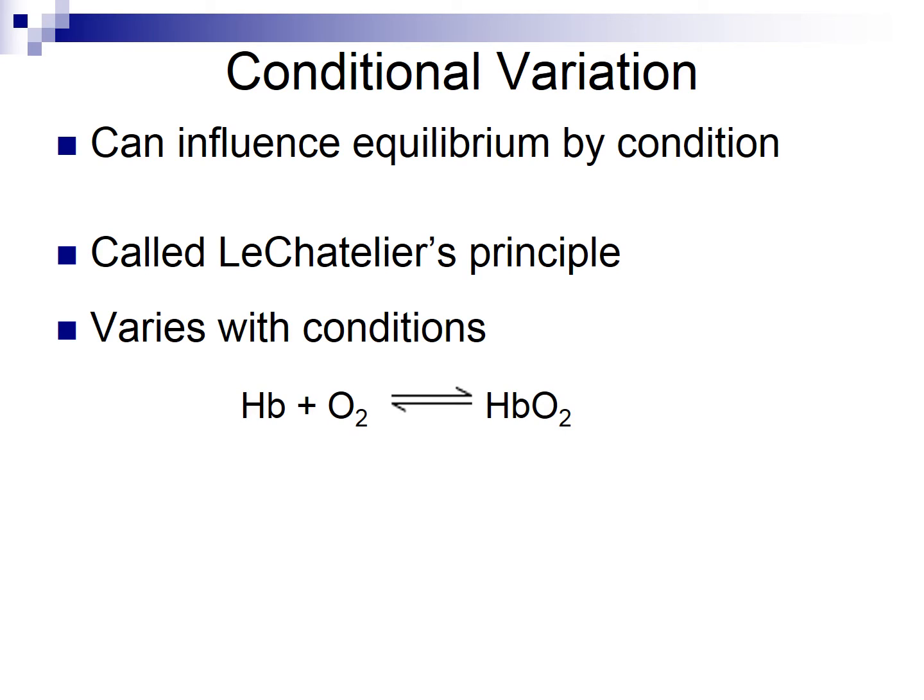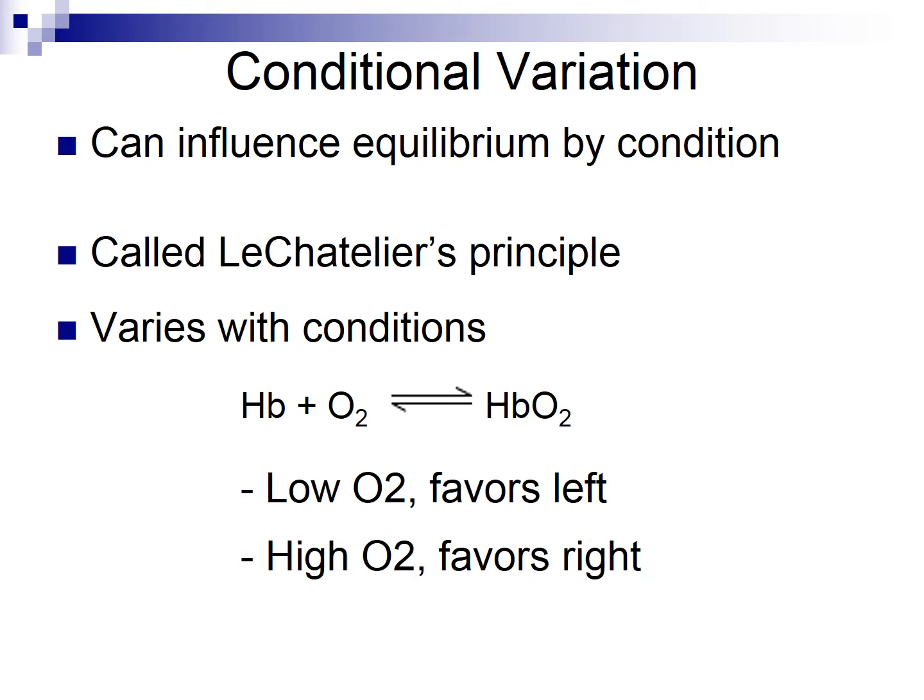If I look, for example, at the reaction that occurs in your bloodstream, the reaction of hemoglobin to bind oxygen to it. In a situation with low oxygen content, like the rest of the body outside of the lungs, our reaction equilibrium is going to favor the reactant side, such that we're going to find more of our hemoglobin without oxygen added.